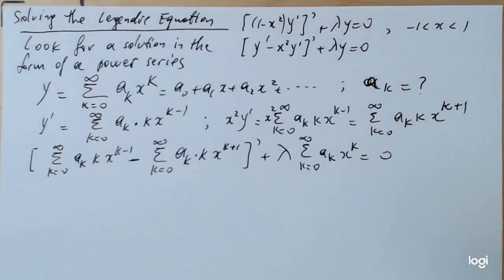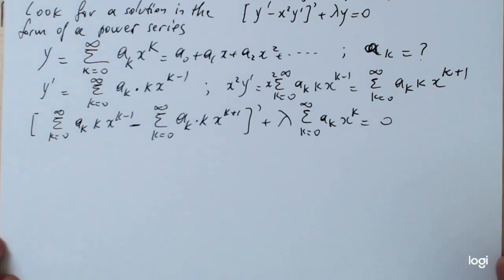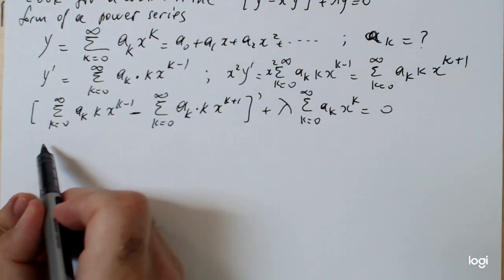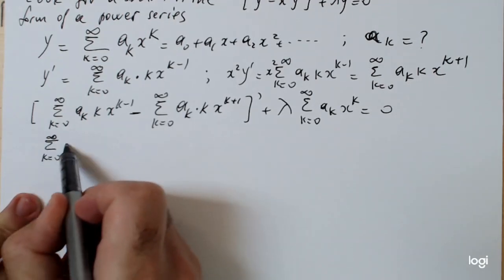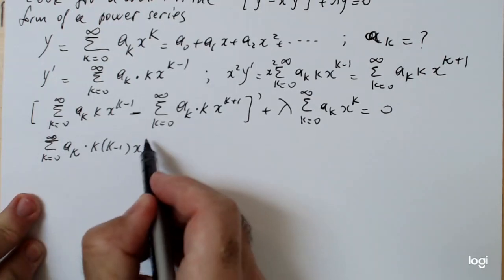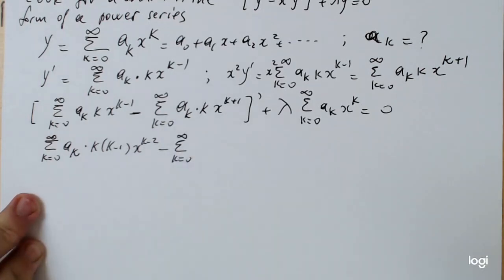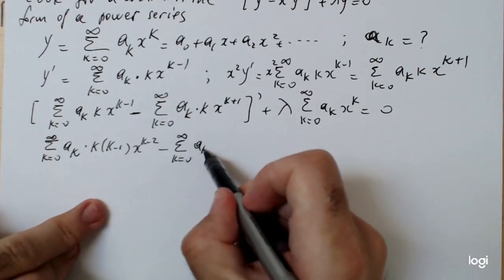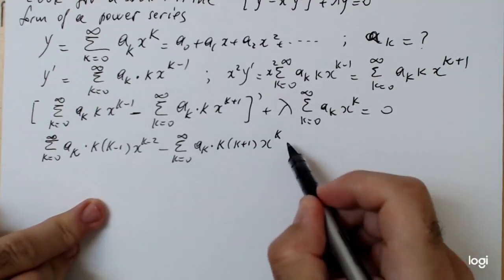And this should be equal to 0. Okay, let's do the last derivative. So we're going to differentiate one more time inside the summation. And we have summation from 0 to infinity, a_k, k times k minus 1, x to the k minus 2. And here it's a_k, k plus 1, x to the power k.